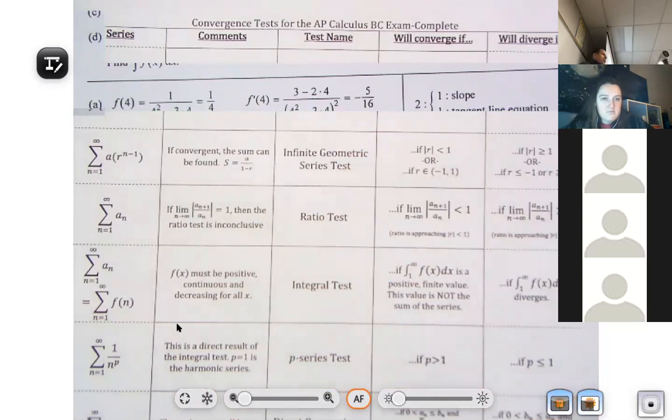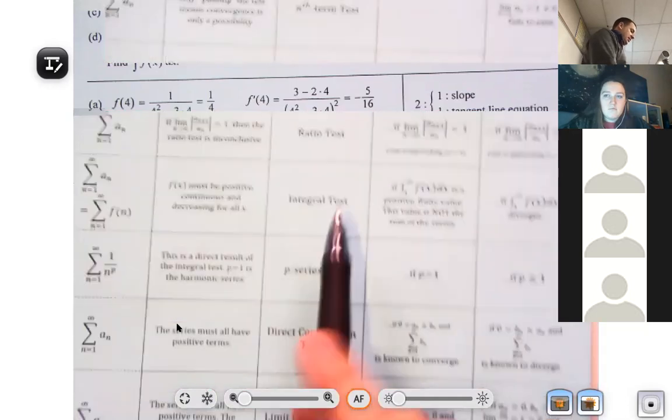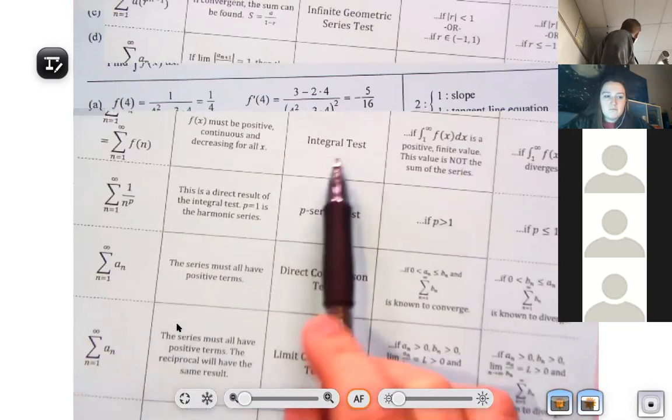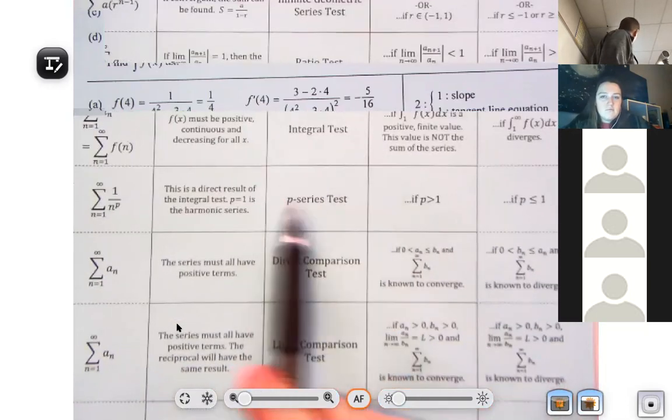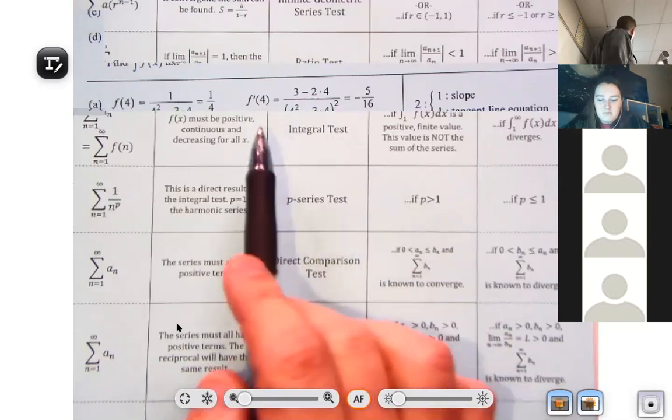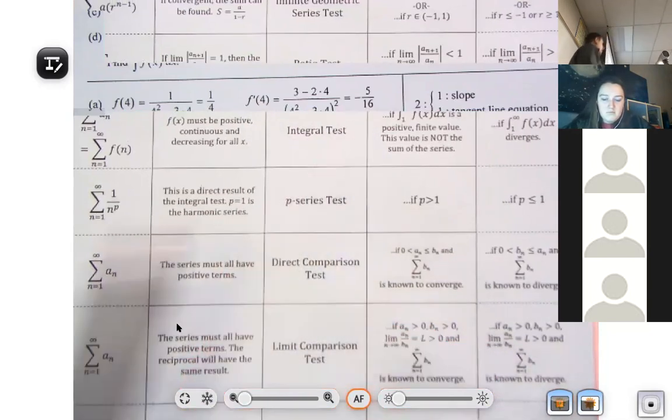We will get into what's called error bound. We'll be able to approximate what the sum might be with a little range of error, but the geometric one is the only one that we can find the exact sum. So that's pretty cool. Today, we are doing the integral test and the p-series test. The integral test is my least favorite one. It's not bad.